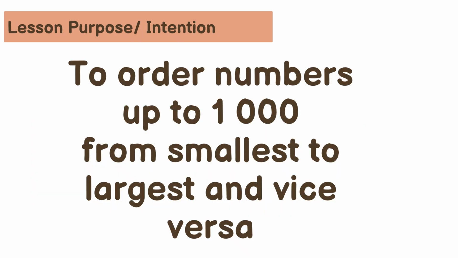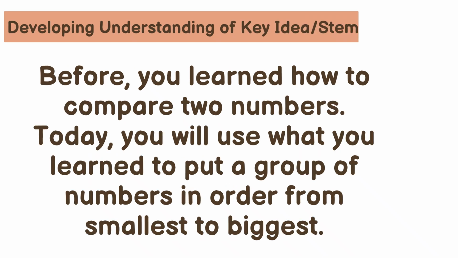555. Our lesson for today is to order numbers up to 1000 from smallest to largest and vice versa. Before, you learned how to compare two numbers.